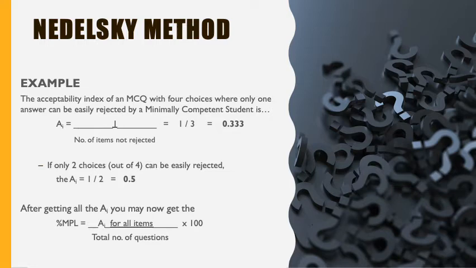What if the student can only rule out two choices? The AI will be 1 over 2, which is the number of options not rejected, or this will be equal to 0.5. If the student can eliminate 3 options, then the score should be 1. And then you add all the AI for all the items, divide by the total number of questions, multiplied by 100. And that's the Nedelsky method.